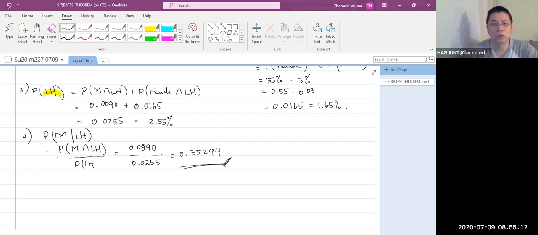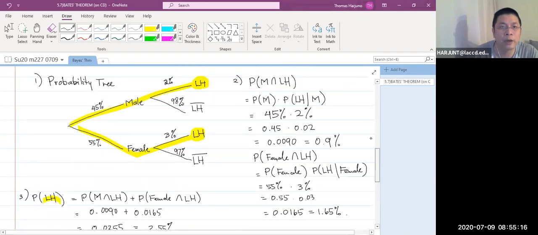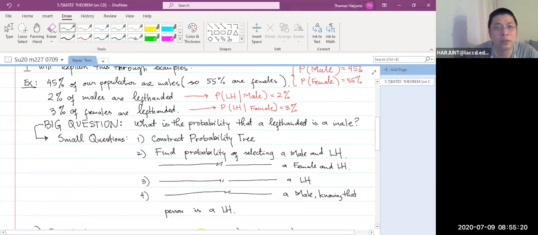Okay, so that's the answer for the big question we have. What is the probability, knowing that person is left-handed? This is the given. What is the probability, knowing that person is left-handed, that that person is a male?